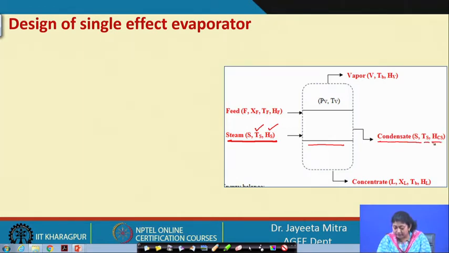and having the enthalpy Hcs, whereas the feed is entering at Tf temperature.